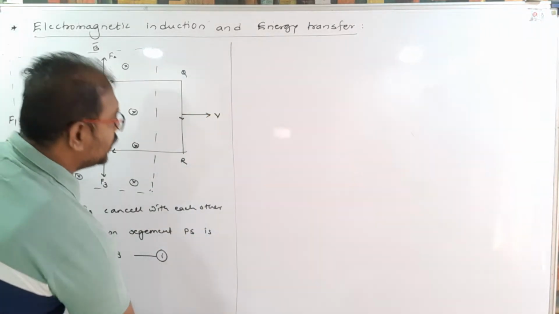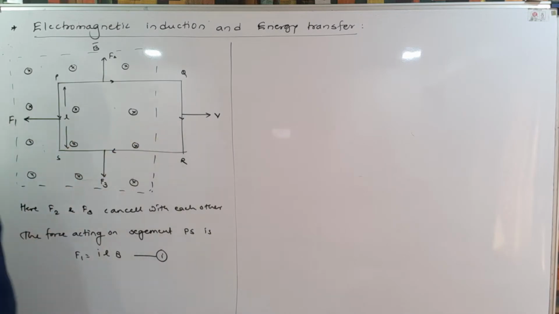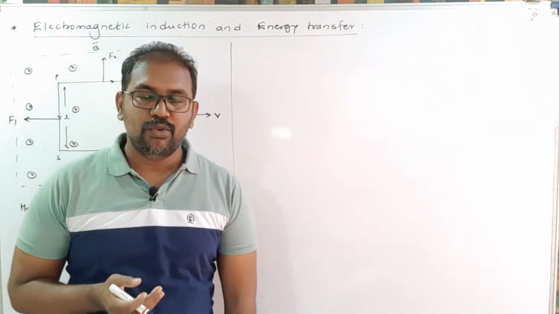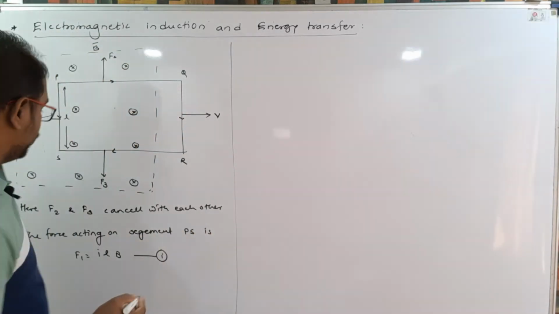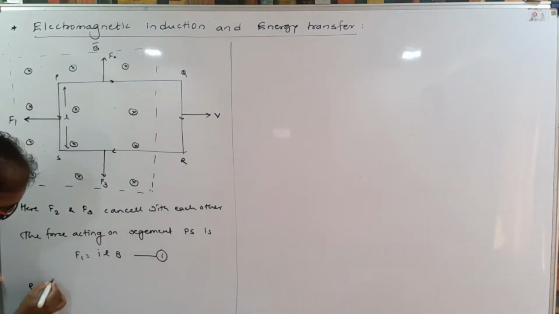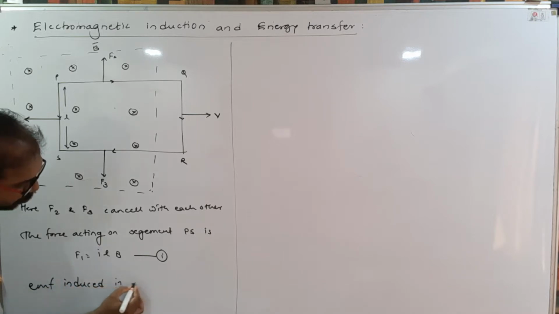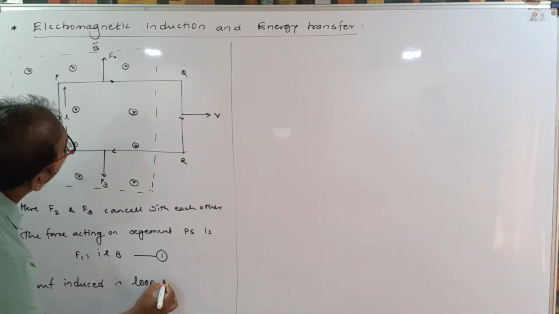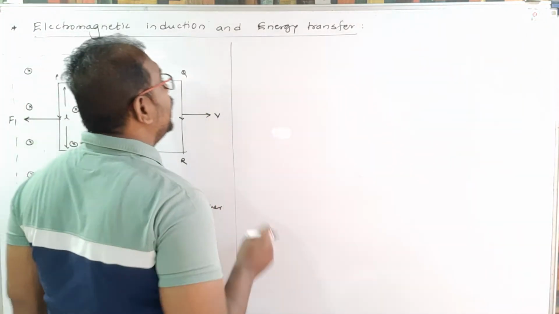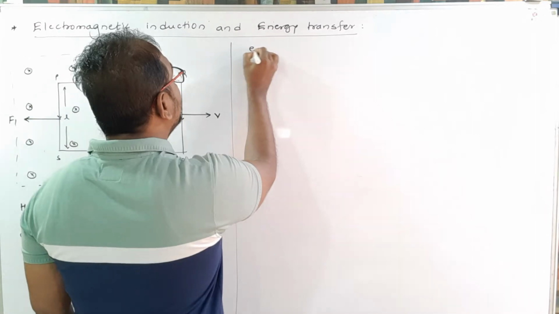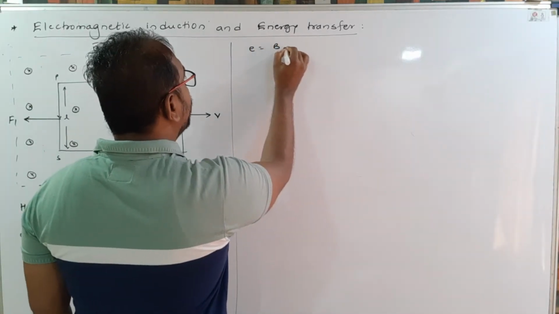Now when we pull this wire loop, EMF is induced and current is induced. The EMF induced in the loop PQRS, I can write by the formula E is equal to BLV.